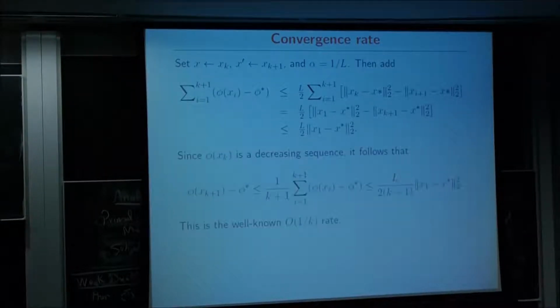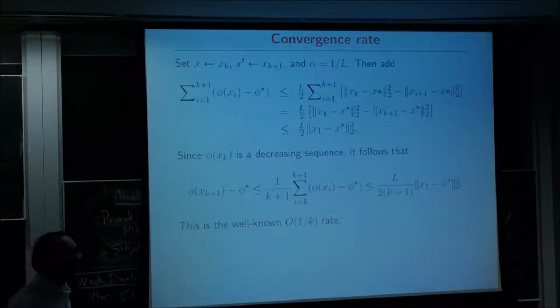And because phi at xk is a decreasing sequence, it then follows that phi at xk plus 1 minus phi star is less than 1 by k of this total summation. So this is the well-known, famous 1 by k rate of convergence of the proximal gradient method.